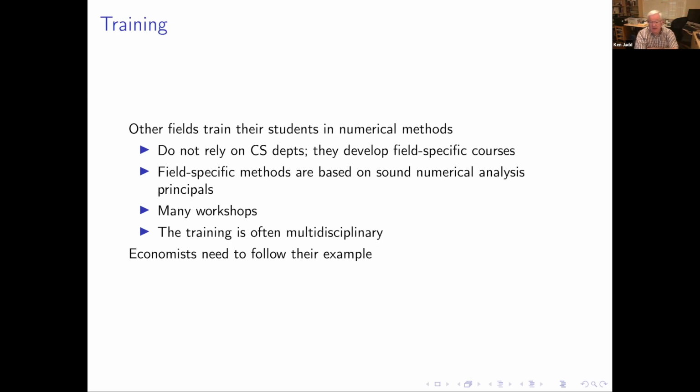What's happening is that basically different fields develop their field-specific courses. However, their course material is based on sound numerical analysis and mathematics, and not on some flying by the seat of your pants kind of stuff.